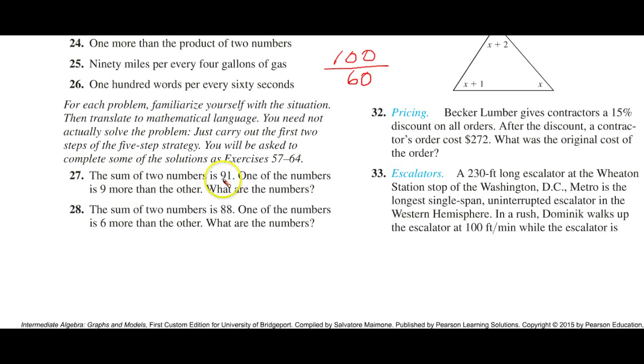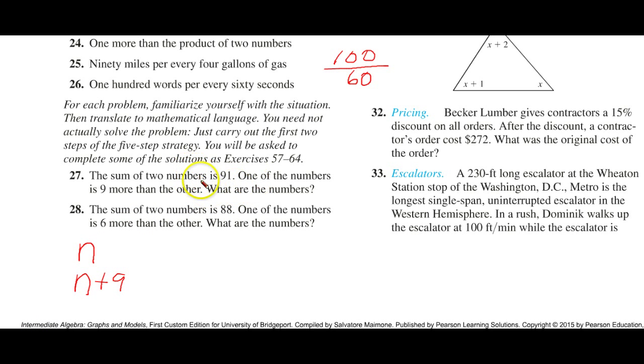All right, now what they'd like here is to set up equations, translating English into algebra. They don't want us to solve these yet, just to set them up. The sum of two numbers is 91. One of the numbers is 9 more than the other. What are the numbers?